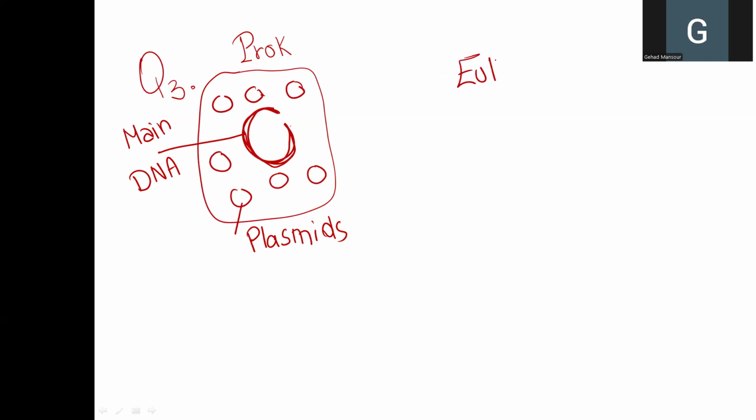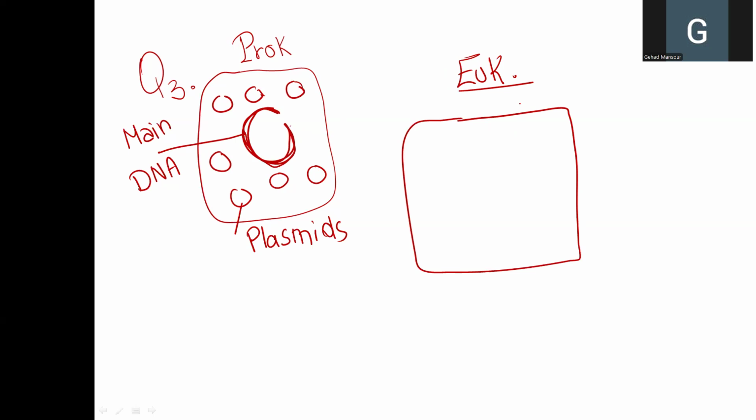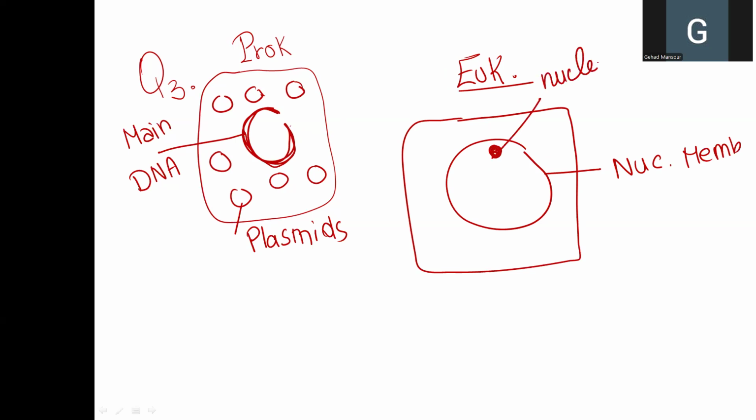If we have a eukaryotic cell, like a human cell, for example, then it should be more or less rounded, but we will have a true nucleus, meaning that we will have a nuclear membrane, and inside this a bright, shiny body, which is the nucleolus, which is very important for assembly of the ribosomes.